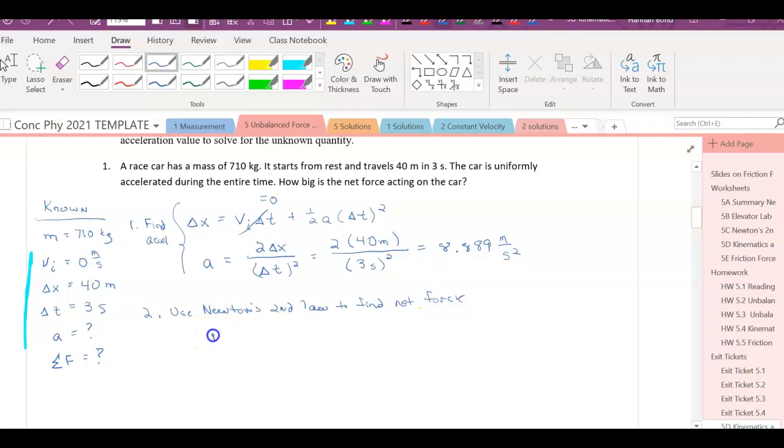And so the net force equals the mass times the acceleration. Mass was given to me as 710 kilograms. I found an acceleration.